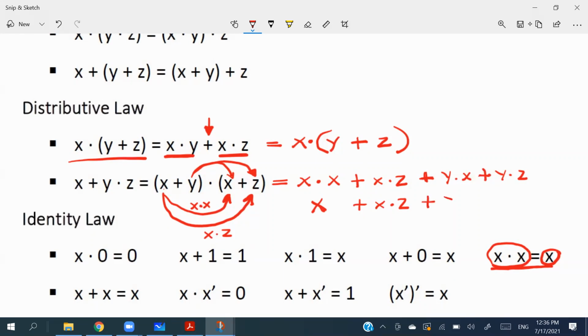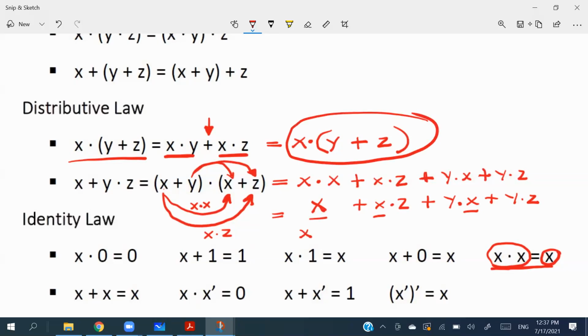So this gives you y dot x. This gives you y dot z. Now you can see I've got x here and x over here as well as x over here. So I can take that as a common term. So it's x dot.